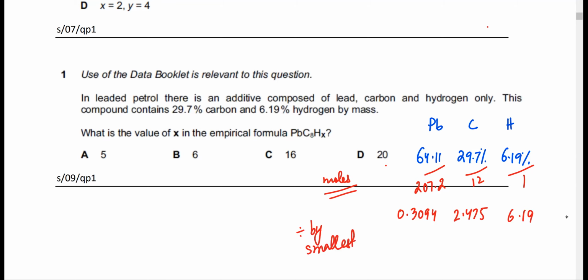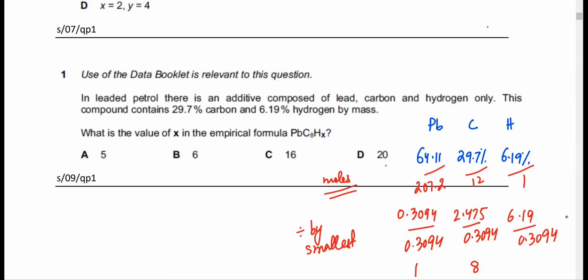Now I'm assuming everyone knows this. Empirical formulas are kind of easy to calculate. So you pick, I think 0.3094 is the smallest. So divide everything by 0.3094. What do we get? Carbon is 7.99, which would be rounded off to 8.